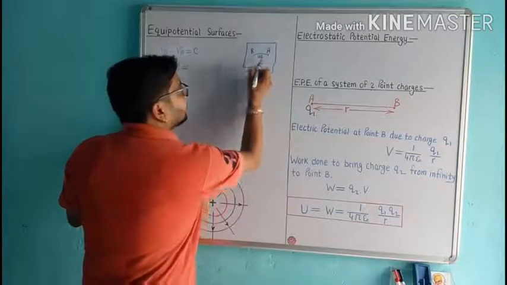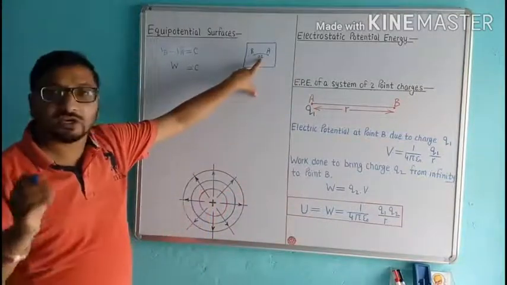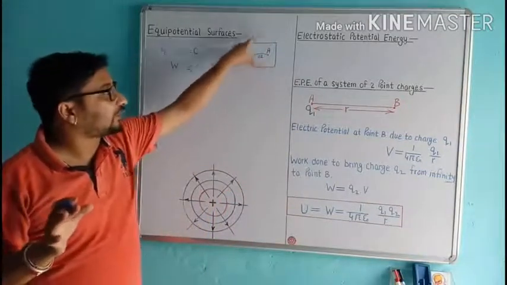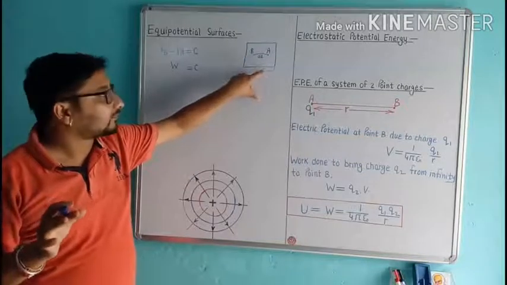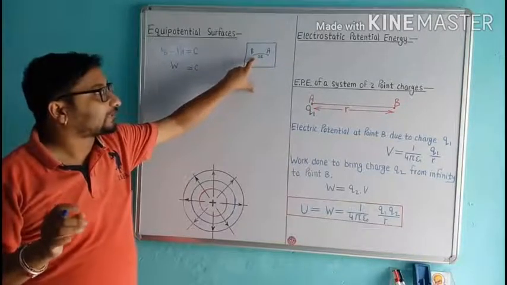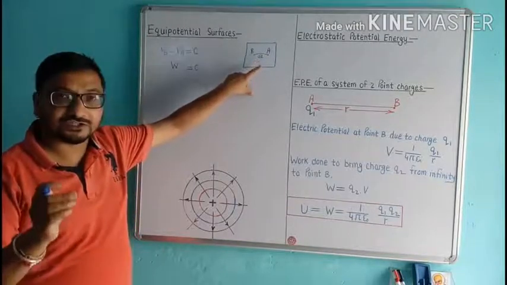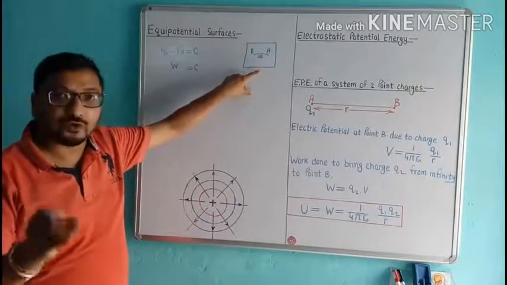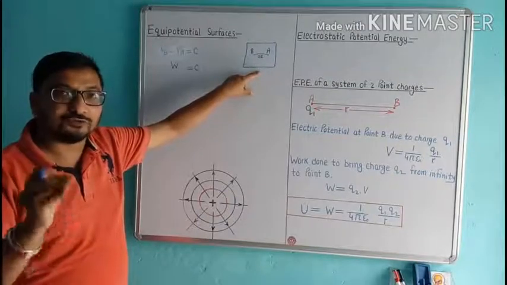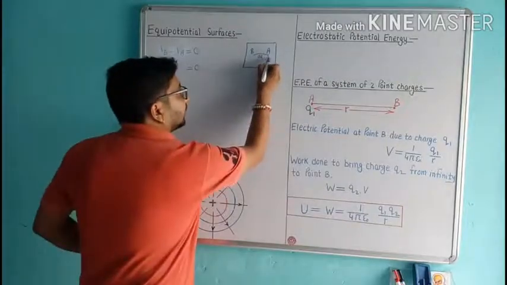Now, suppose dl is the small length over the equipotential surface between 2 points, through which we want to move a unit positive test charge Q naught.